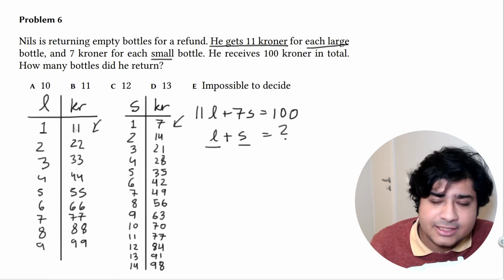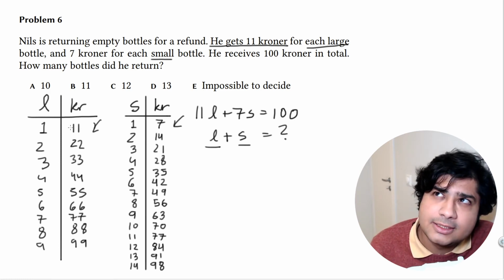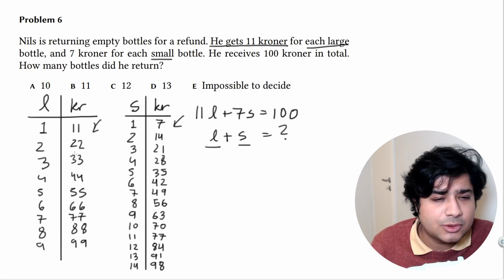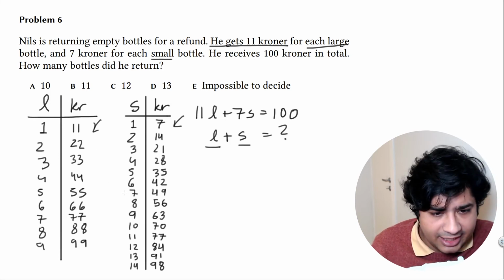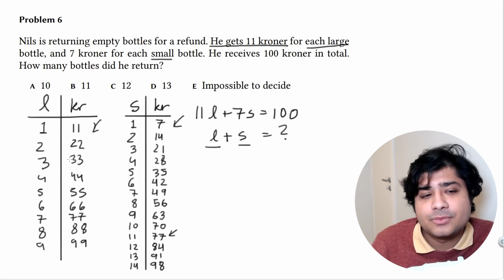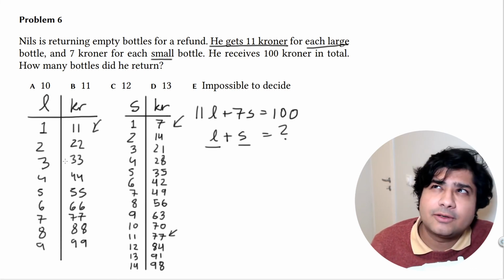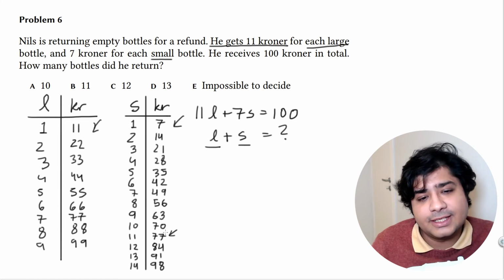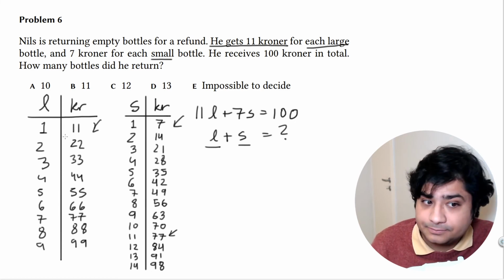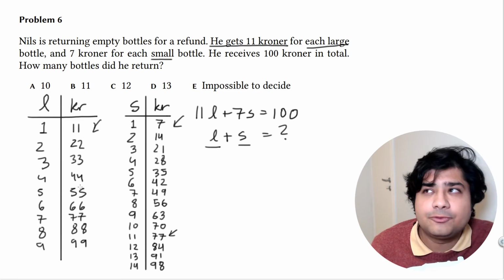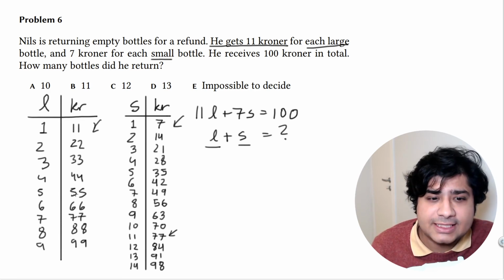11. So 11, then I'm looking for 89. Is there any 89 there? Nope, nothing. 22, then I'm looking for a 78. Any 78? Close. 77, not 78. 33, then I'm looking for a 67, right? Nope. Closest we have is 63. So that can't be that. 44, I'm looking for a 56. 56.